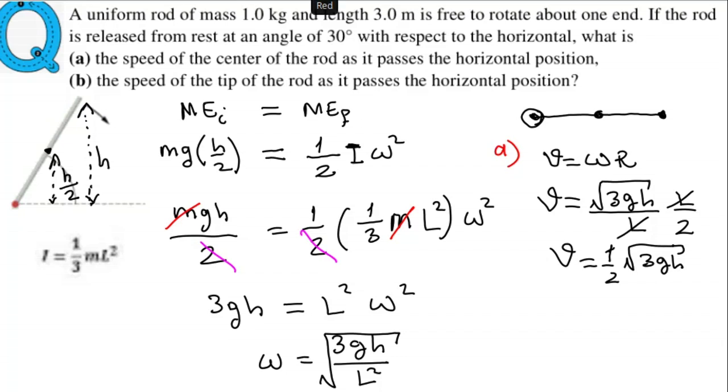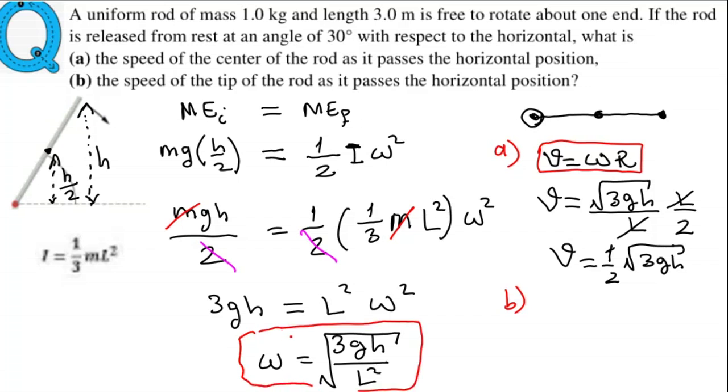For part B, the speed of the tip of the rod as it passes the horizontal position. That means I need to take the same equation from linear speed to angular speed. And we found that angular speed is the square root of 3gh over L squared.